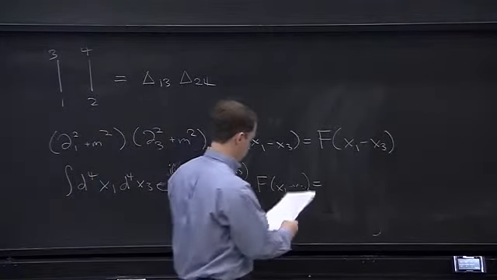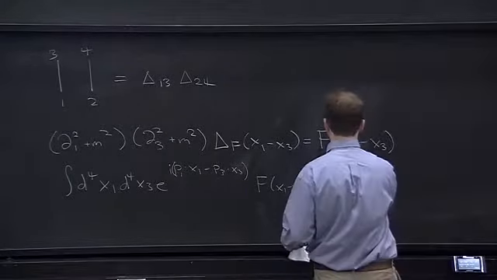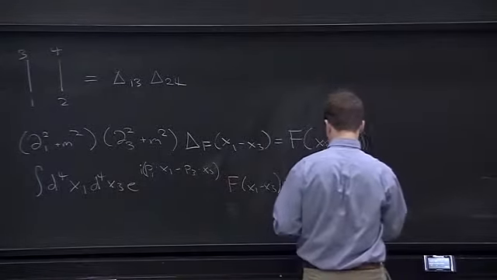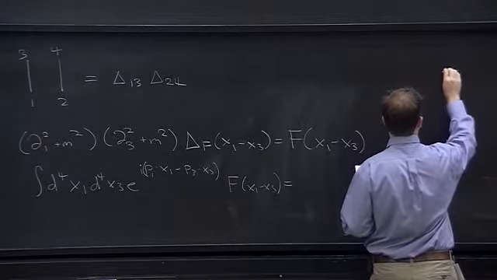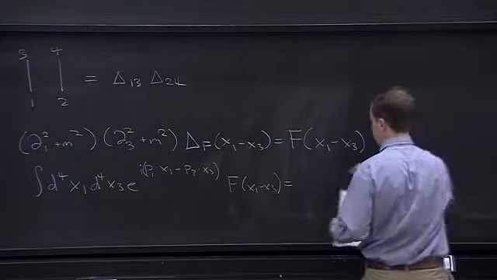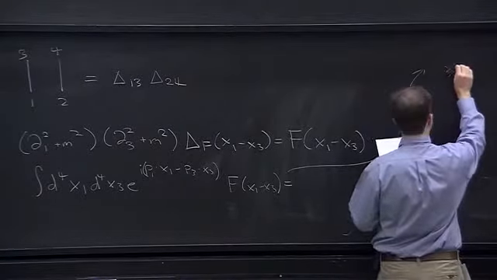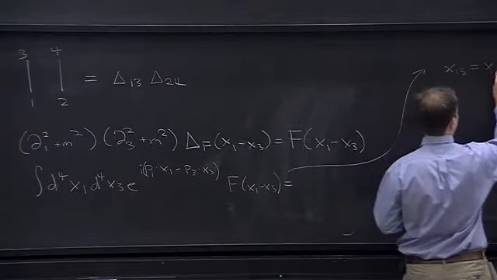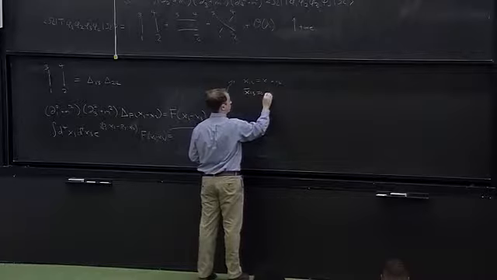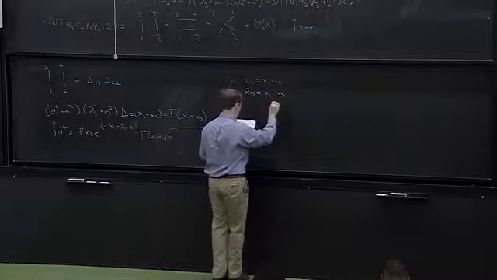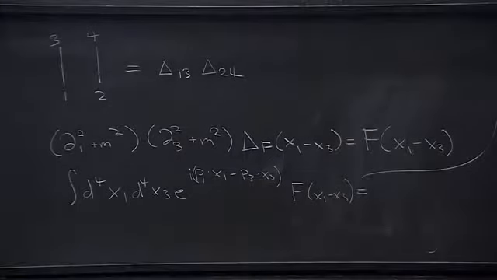And let's try to compute this part. So we can do a change of variables. x13 is x1 plus x3. x bar 13 is x1 minus x3. And similarly for the p's, but I'll put in a half.